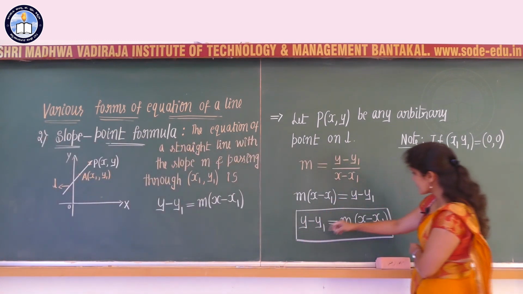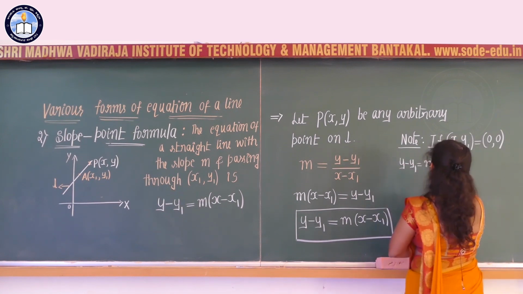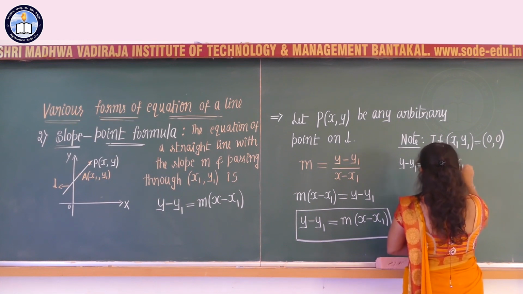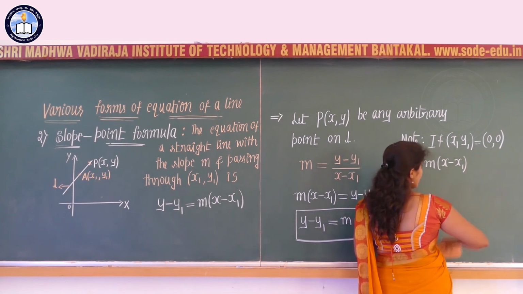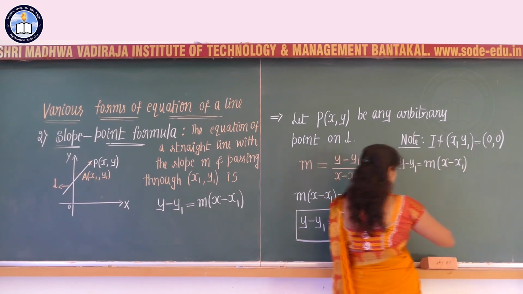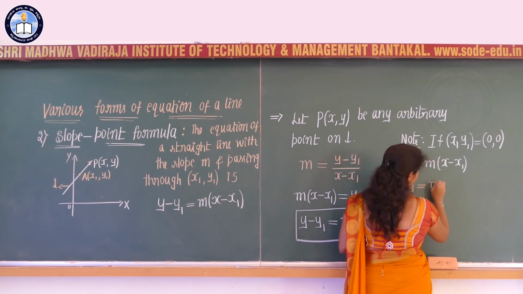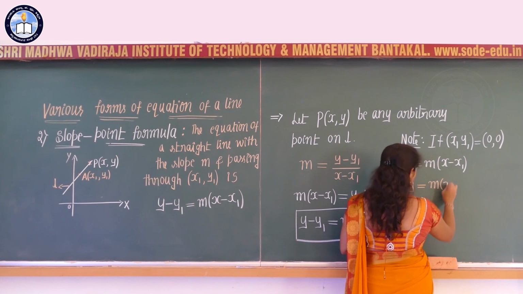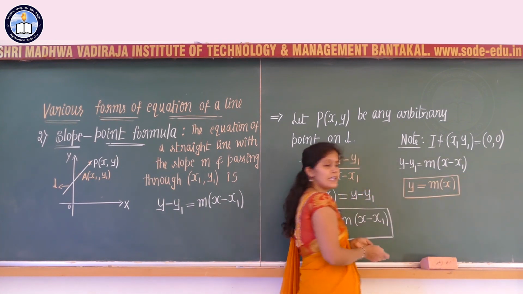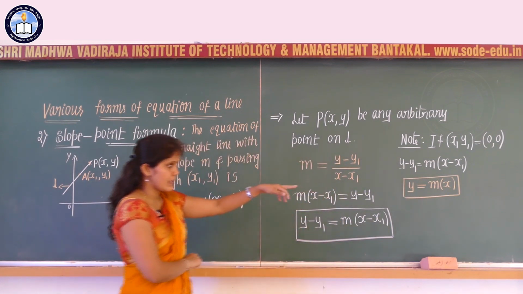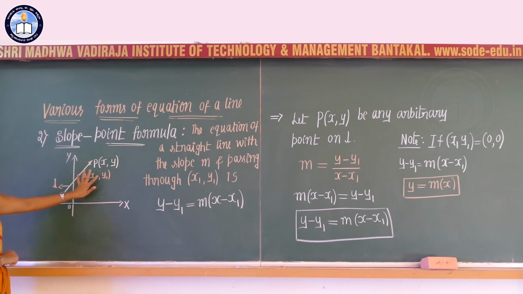Then what happens with respect to this equation, y minus y1 is equal to m into x minus x1? I will replace x1 and y1 by 0 and 0, so it can be written as y minus 0 is equal to m into x minus 0, that is y is equal to mx. This slope point formula reduces to y is equal to mx if the straight line passes through the origin, that is 0 comma 0.